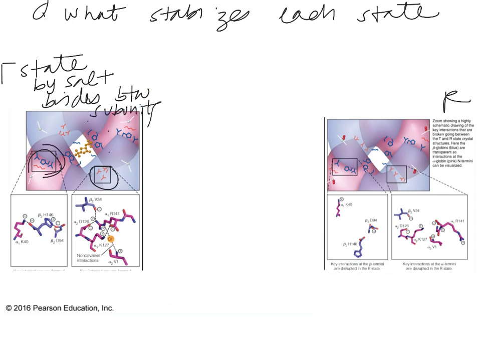Okay, so I'm going to have you focus on this one right here. You'll see here that you've got this red residue on one subunit, the pink one, and then these blue ones on this other one. And in this diagram, you can see there's a number of salt bridges happening. These are things that are positively charged with things that are negatively charged. And then again, here you can see things that are positively charged and negatively charged having interactions. So the T state is stabilized by salt bridging between the subunits.